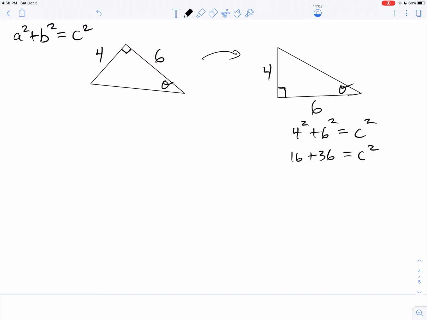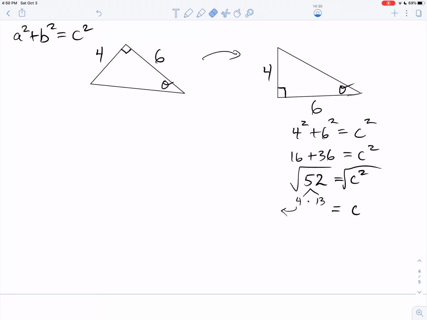And then what is that? I think that's 52 equals c squared. And then I do root, right? And I'm going to stop doing that plus or minus thing. I wouldn't write plus or minus rad 52 anyway, because I know that 52 can be simplified. It's 4 times 13. So what comes out? Square root of 4 would be 2.